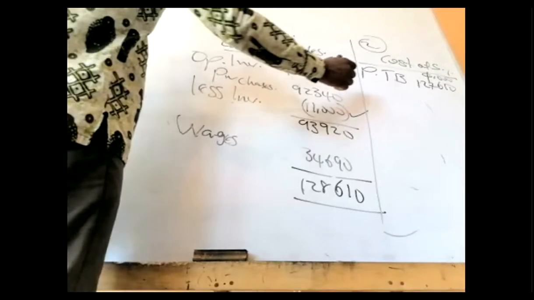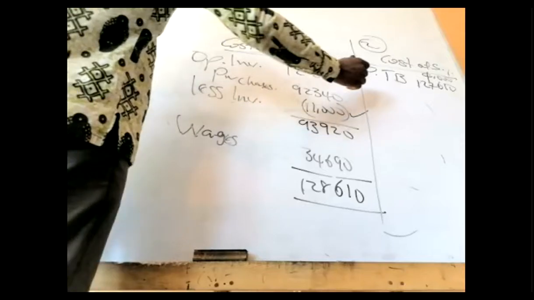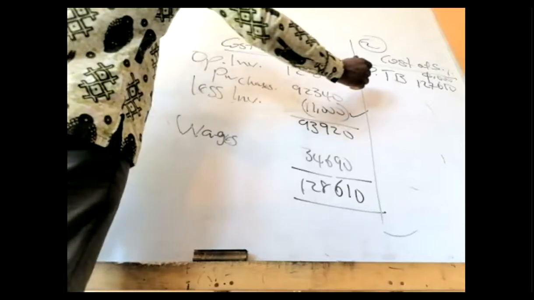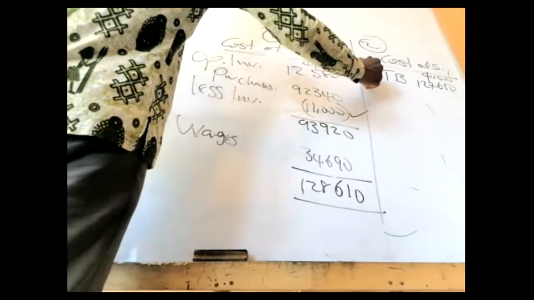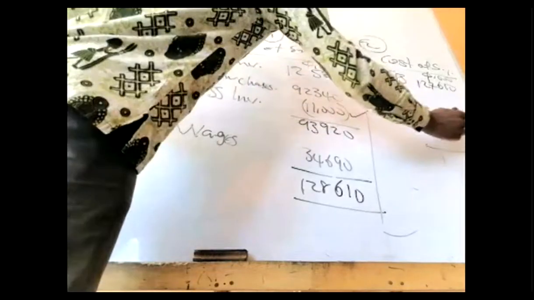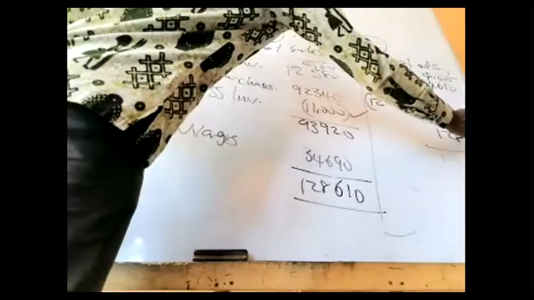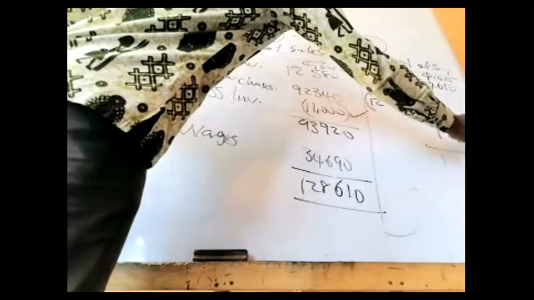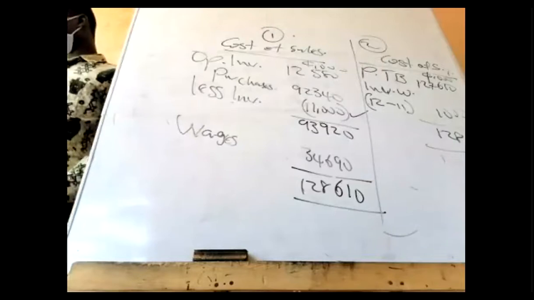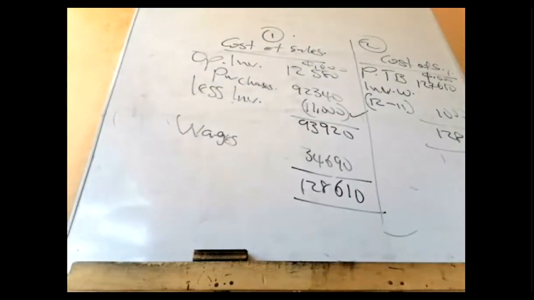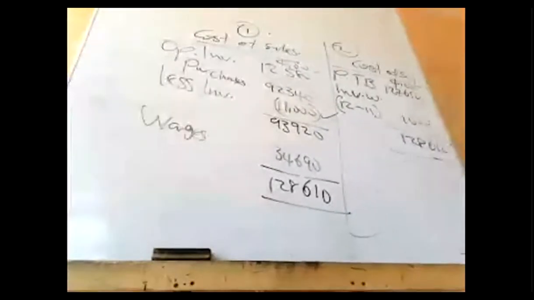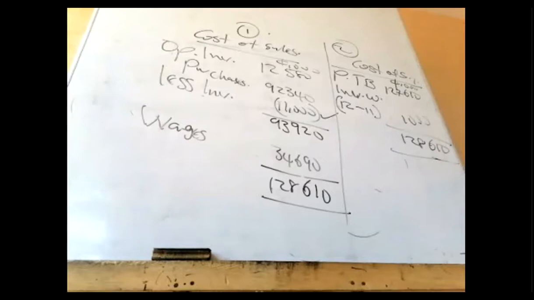If you add the 1,000 to this, you get 128,610. That'll be the right cost of sales figure. So basically, that is it. Any of these methods, you are good to go.